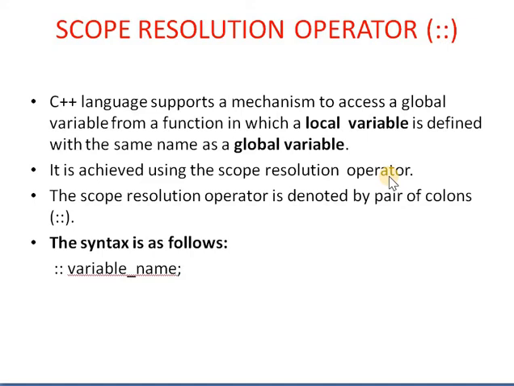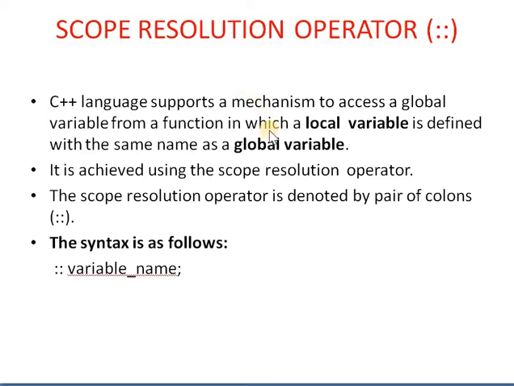Means, for example, you have a global variable of the name myVar. Consider the example. If you have a global variable name myVar and a local variable of name myVar, to access global myVar, you will need to use the scope resolution operator, and the scope resolution operator is denoted by the pair of colons.